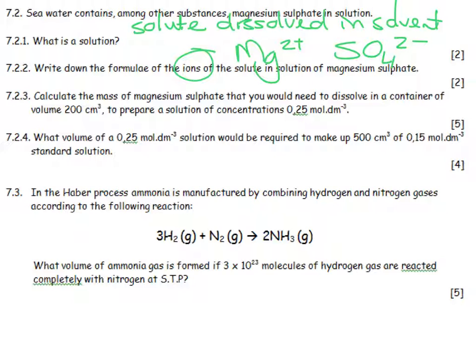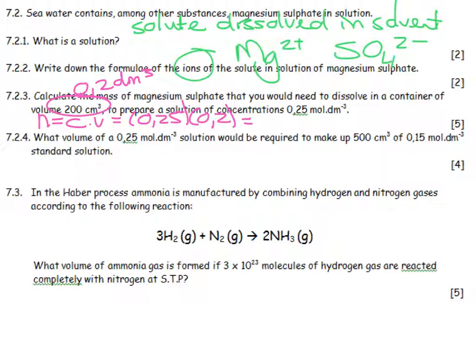Calculate the mass of magnesium sulfate that you would need to dissolve in a container of that volume to prepare a solution of that concentration. Not terribly difficult. We're interested in number of moles first. Number of moles is equal to concentration times volume, which is 0,25 multiplied by 0,2, because I have to change the 200 centimeters cubed into 0,2 decimeters cubed.